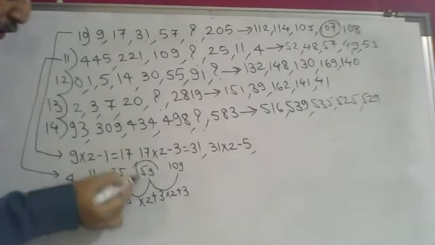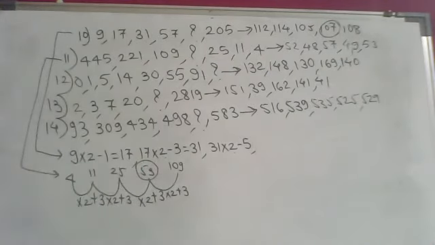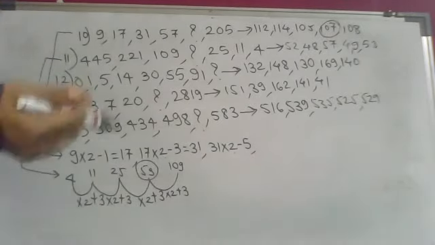We want this number. Got the logic? And so on. The series type is like this: multiplied by 2 plus 3. Take a screenshot.